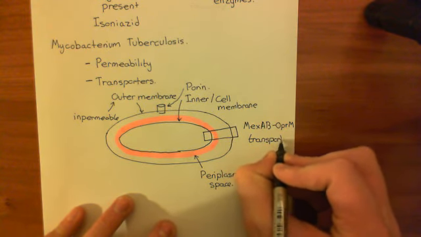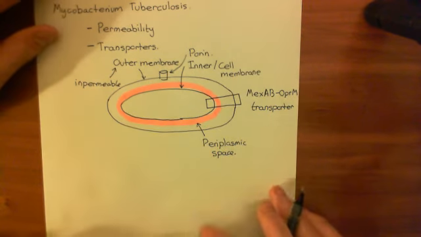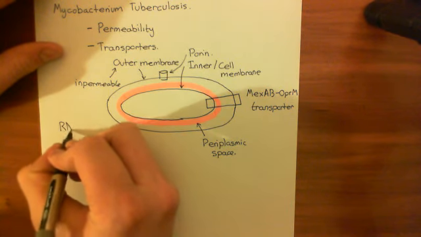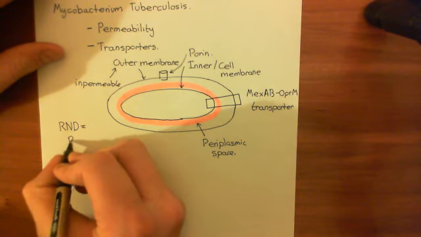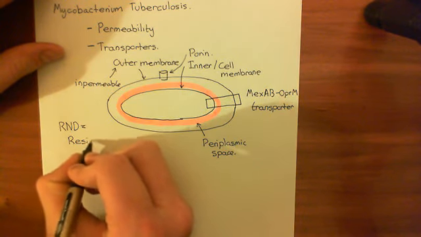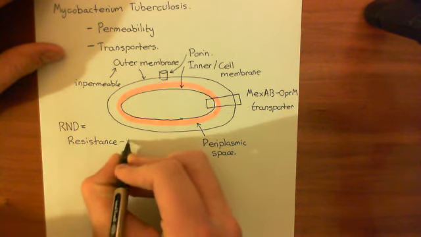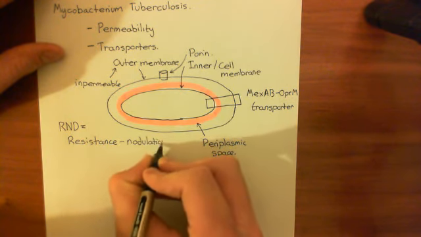RND transporters generally tend to span both membranes, and RND stands for resistance, nodulation, cell division.